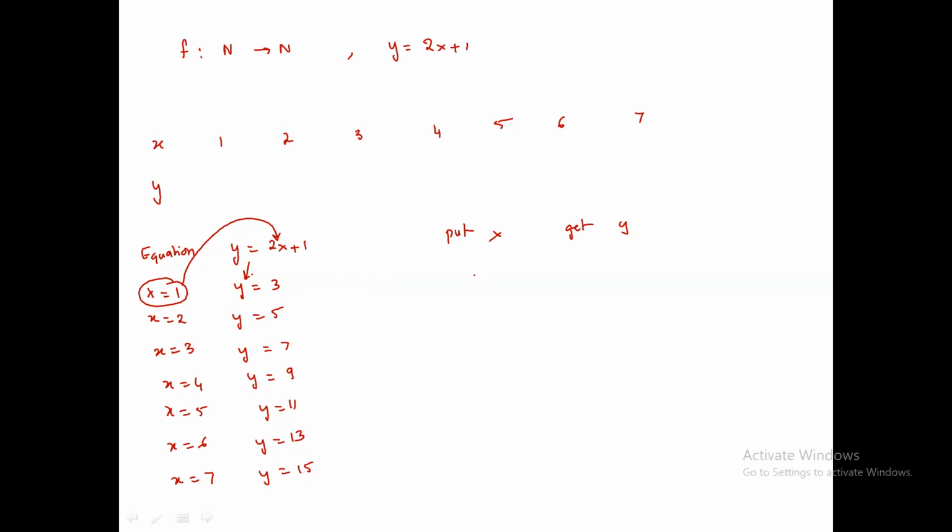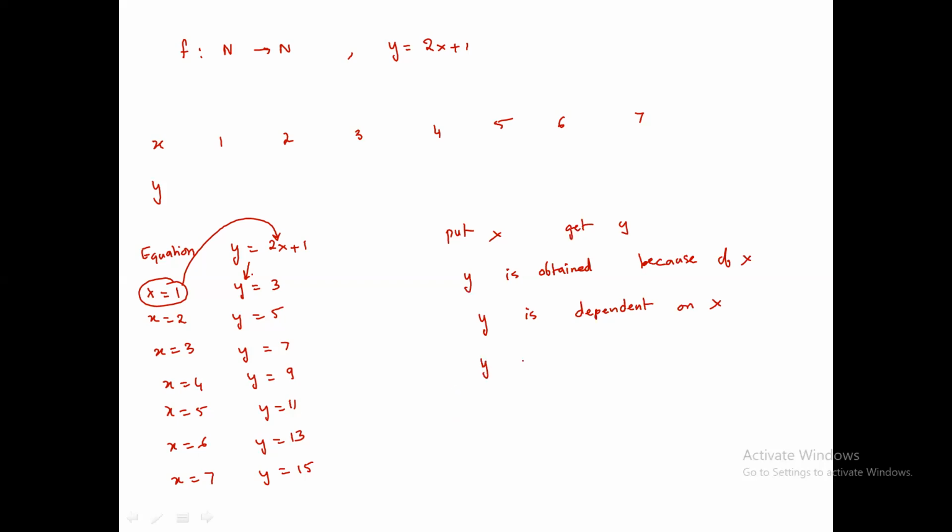That means we get y because of x. Y is obtained because of x. That means y is dependent on x. Completely dependent on x. If there is x, there is y. If there is no x, no y.